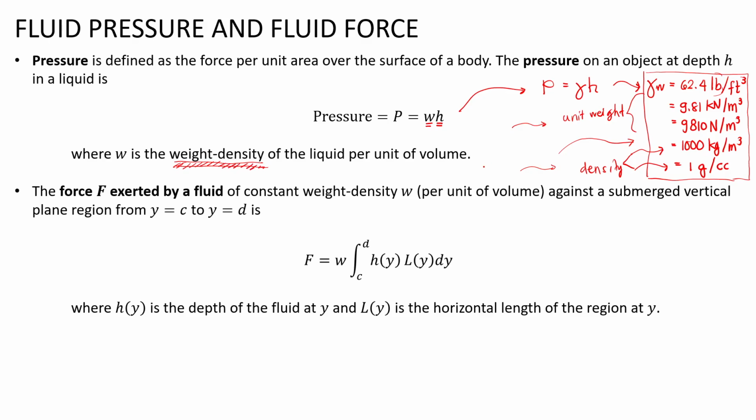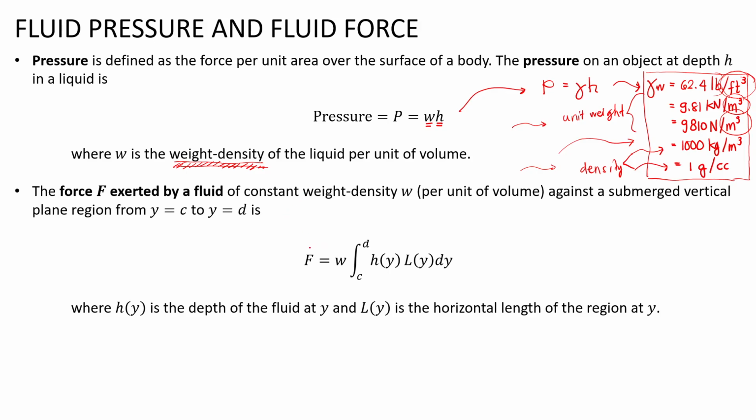So of course, if we want to determine the force with respect to the density given, or the unit weight given, we need to eliminate this by multiplying it with a certain volume, right? For us to determine the force.